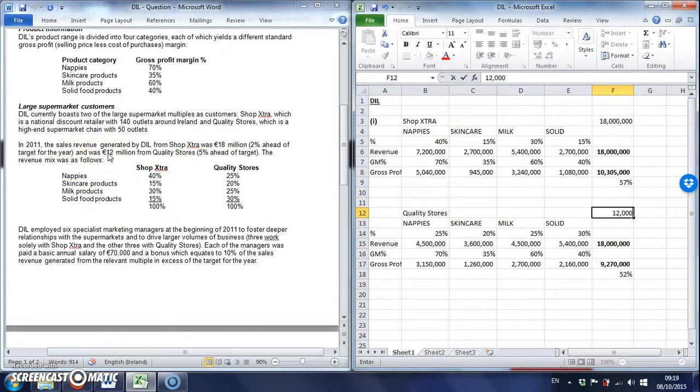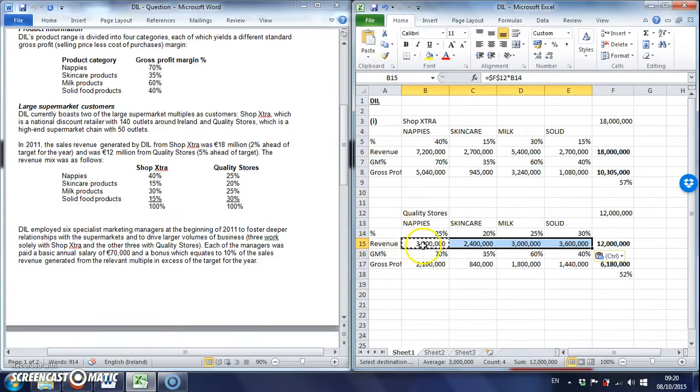So I'm conscious that I will be going slightly quicker than you may be going when you're doing it with pen and paper, but it's just to show you the logic, that it's the same mechanics as up here. So you can pause it and make sure you try yourself, and then you will just drag this down here. So you're using 12 million to allocate out. So nappies is 3 million, skincare 2.4, milk 3 million, and solids 3.6.